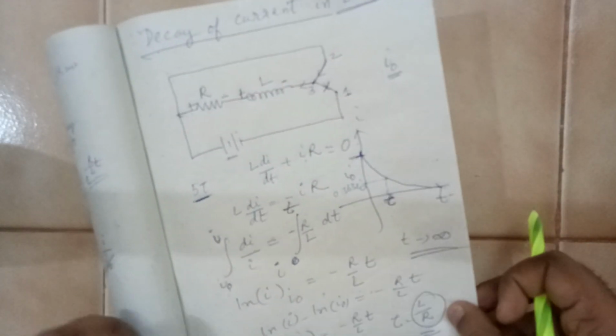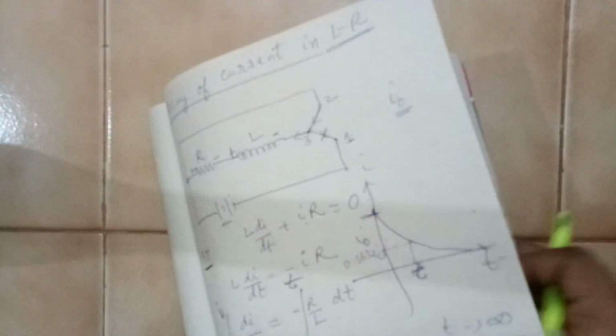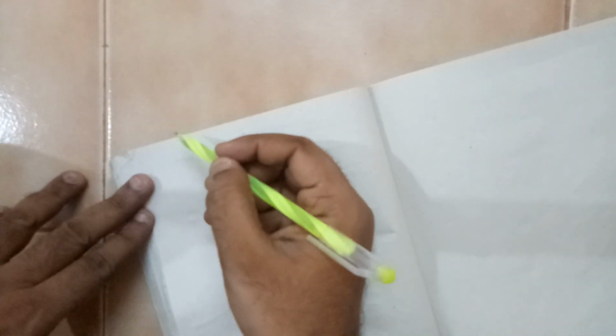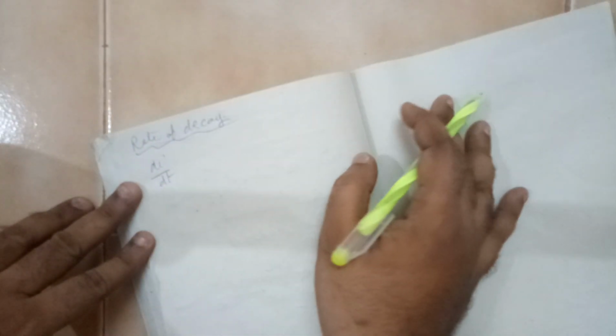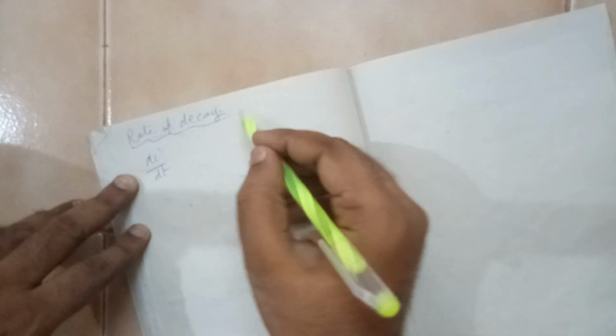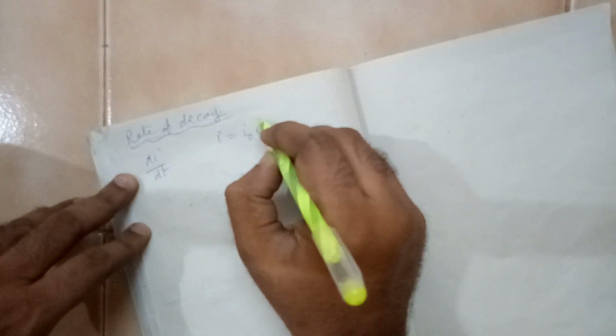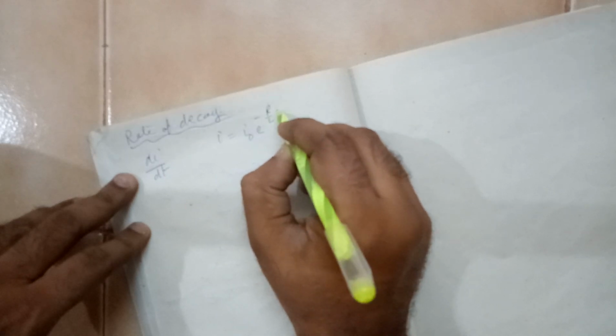Now we can see the rate of decay. Rate of decay means what is decaying? Current is decaying. So I need to find out di by dt. We have already derived an expression that I is equal to I0 into e power minus R by L into t.